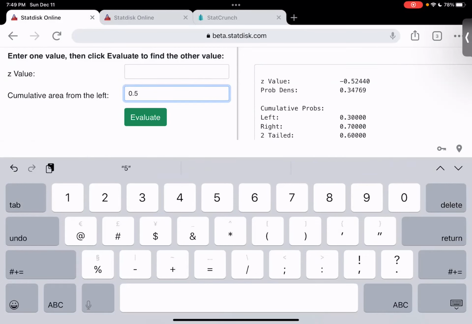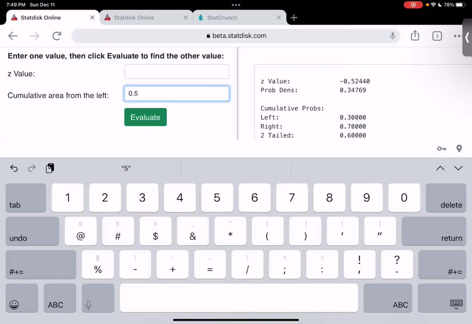And then the next one is 0.5. Can anyone tell me at 0.5 what the value of z will be? Remember, this is the area under the curve. We did say that the total area under the curve equals 1.